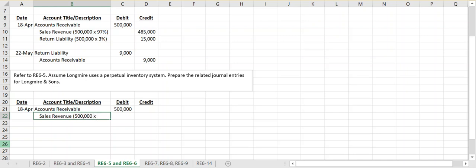So again, we can only record 97% of that value. And the difference goes on to that return liability of $15,000.